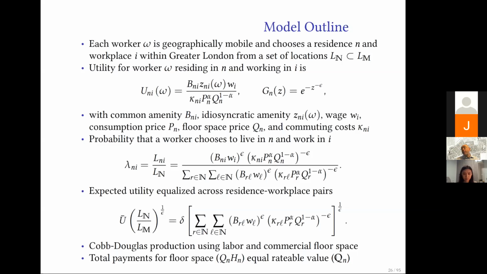The particular type of extreme value distribution we've assumed is called a type 2 extreme value distribution, also referred to as a Frechet distribution. Those of you who've worked with random utility models in the planning literature probably more frequently work with type 1 extreme value distributions or Gumbel distributions, as in the conventional logit model in the transportation literature.